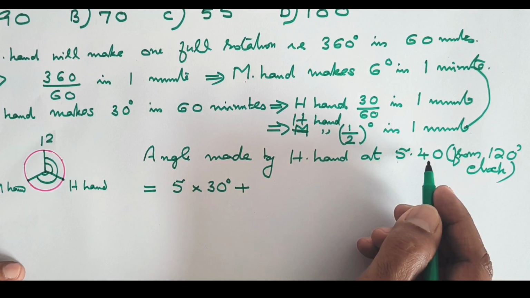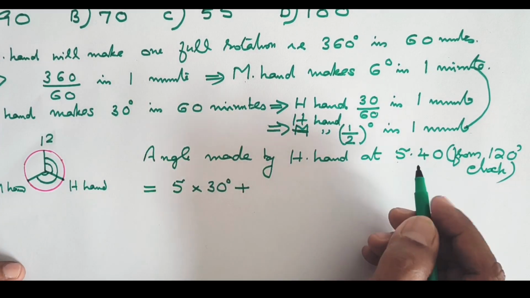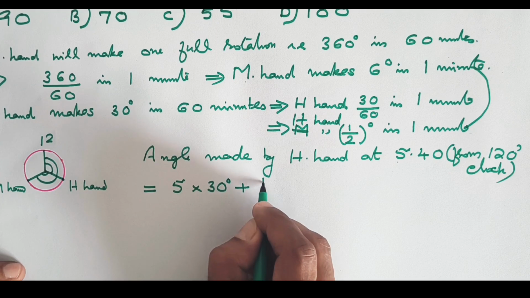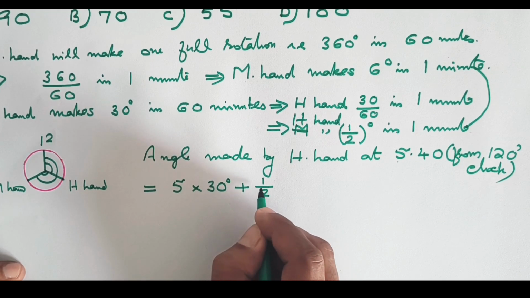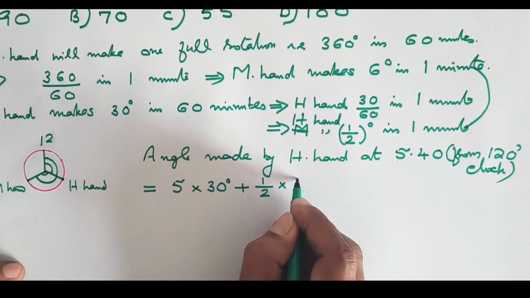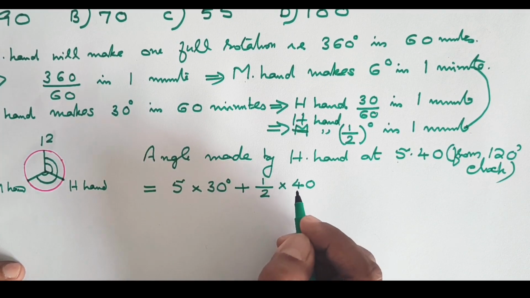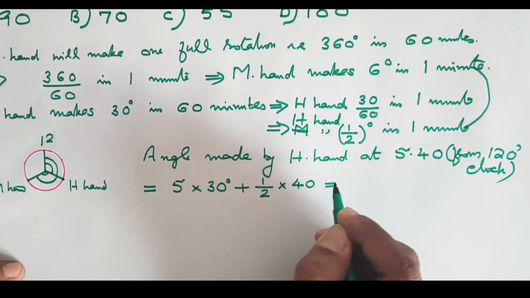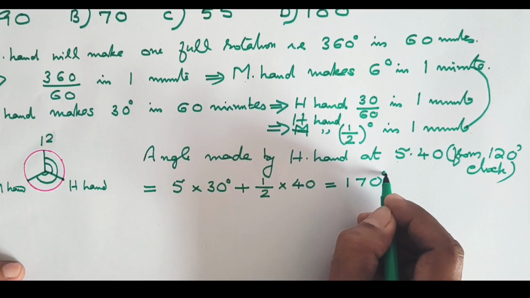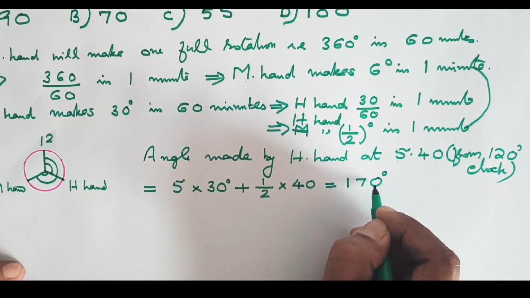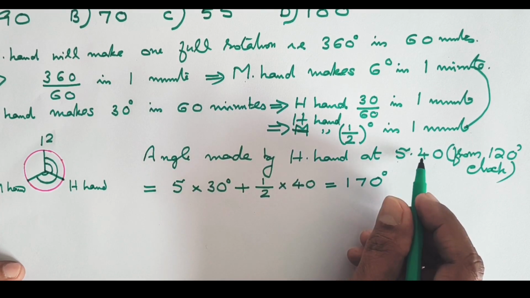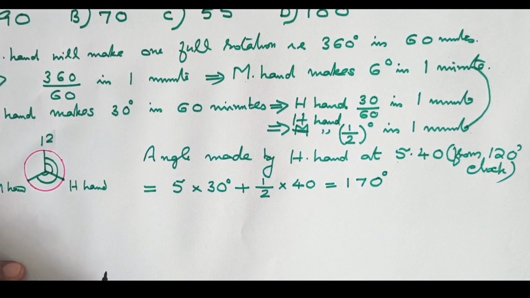Then to work out the angle made by the our hand in 40 minutes, we know that our hand makes half a degree in 1 minute. So in 40 minutes, we'll be making so much. 1/2 multiplied by 40. This on simplification, you get 170 degree. So this is the angle made by the hour hand at 5:40 from 12 o'clock position.